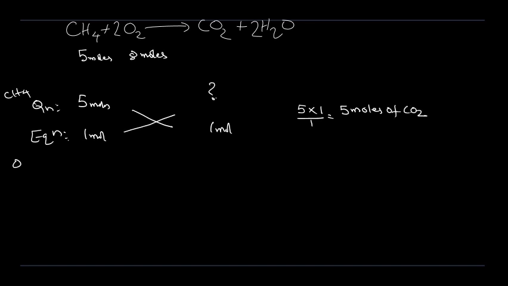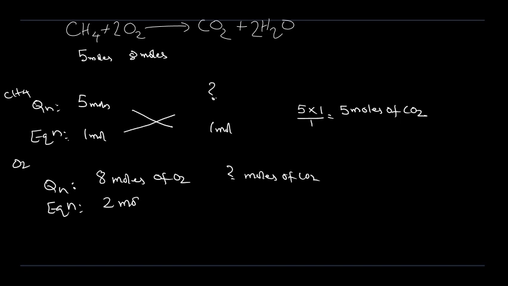And for oxygen I will do the same. For limiting reagent, if 2 reactants are given, we have to do it for both, right? So 8 moles of oxygen gives how many moles of carbon dioxide? From the balanced equation, 2 moles of oxygen corresponds to 1 mole of carbon dioxide.